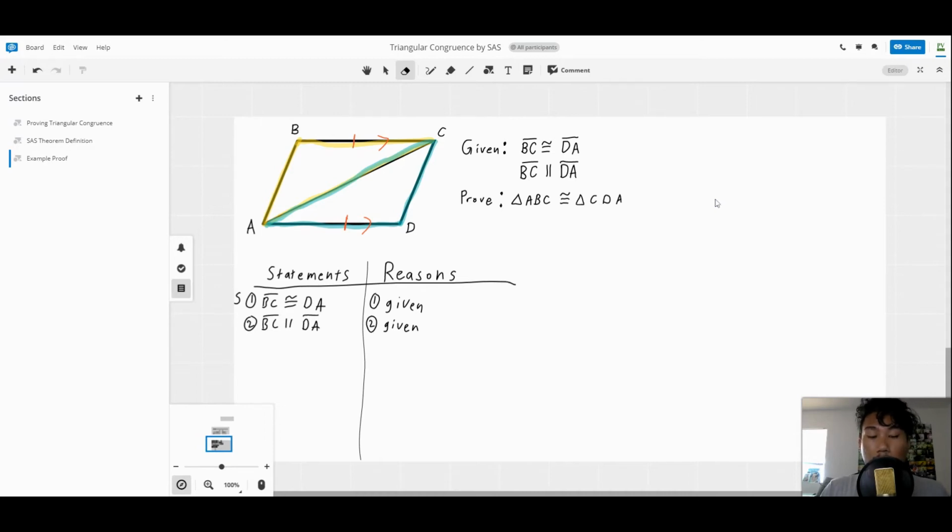So looking at the second given statement, it says that BC is parallel to DA. So let me, on the side, recreate that. So we have BC and AD. Both of these lines are parallel. Now, from the shape that we're given, I also notice that both of these parallel lines are crossed by a transversal.